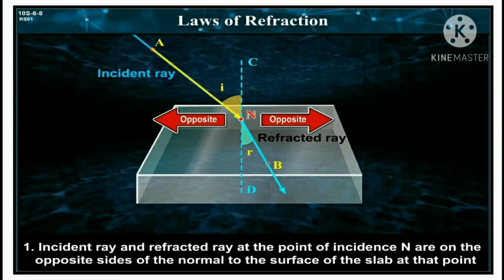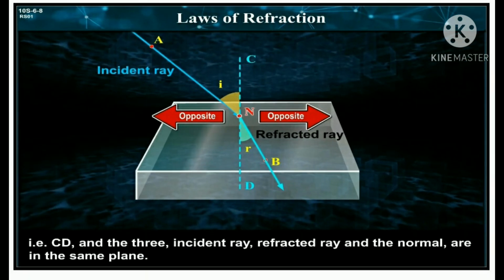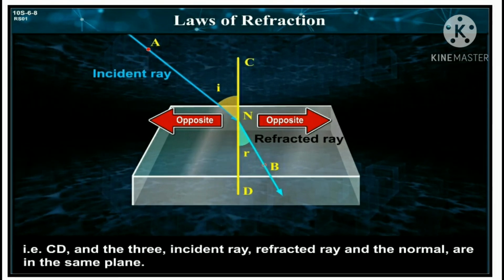First law: the incident ray and the refracted ray at the point of incidence N are on opposite sides of the normal to the surface of the slab at that point, that is CD, and the three, that is incident ray, refracted ray and the normal, are in the same plane.